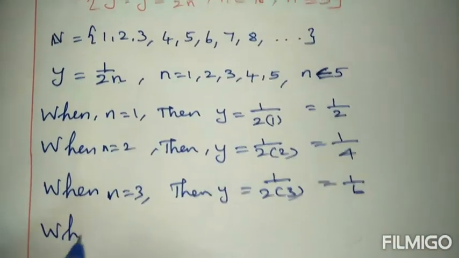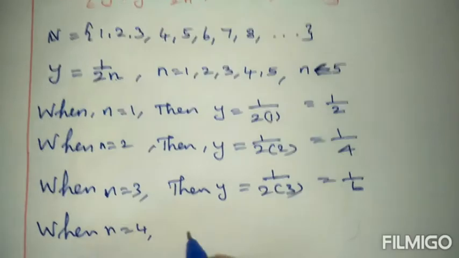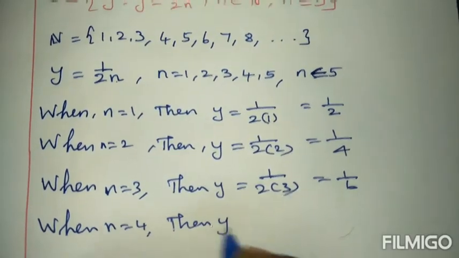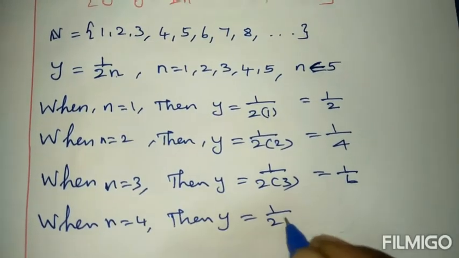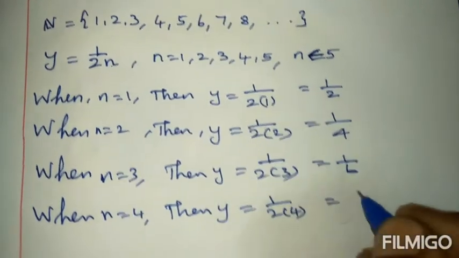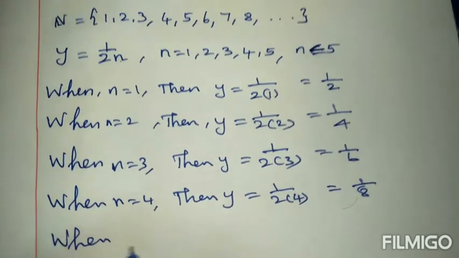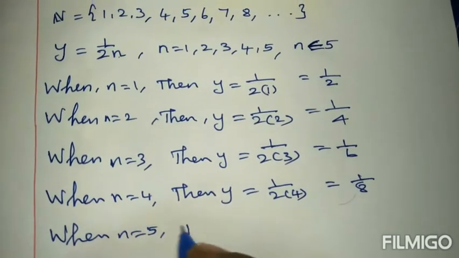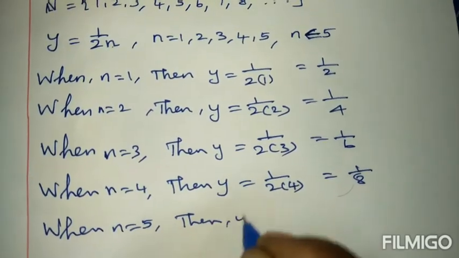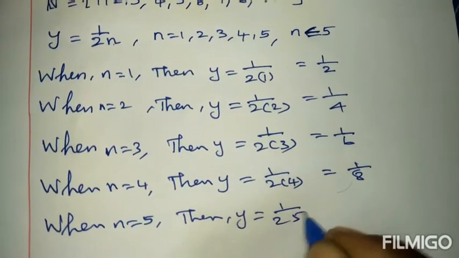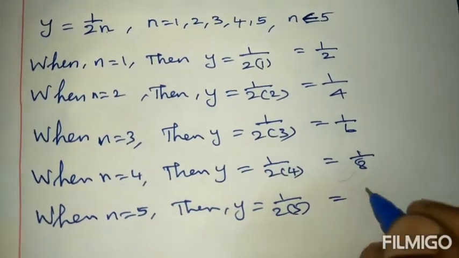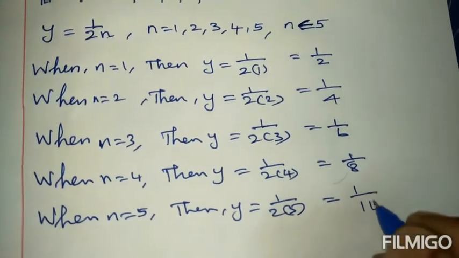Then when n is equal to 4, then y is equal to 1 by 2 into 4 equal to 1 by 8. Then when n is equal to 5, then y is equal to 1 by 2 into 5, 2 fives are 10, equal to 1 by 10.